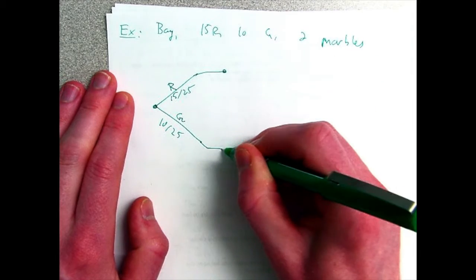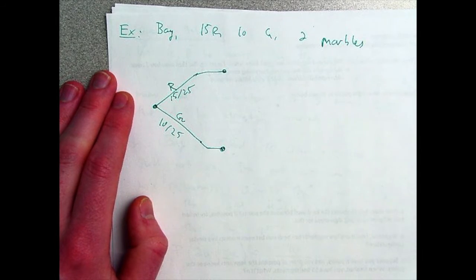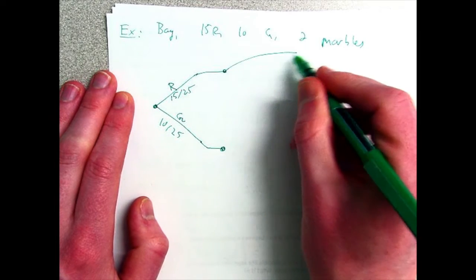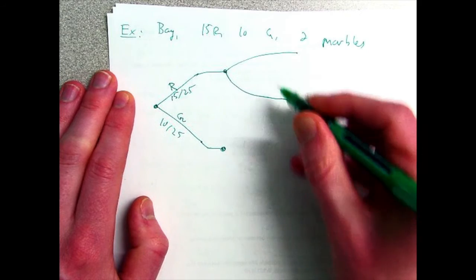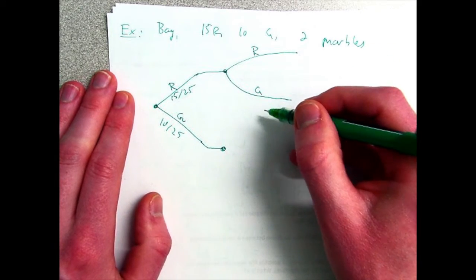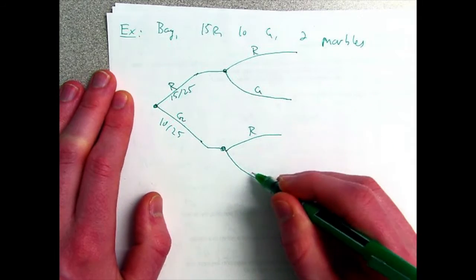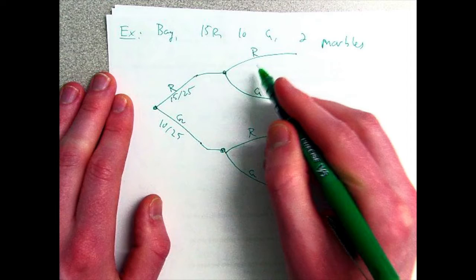And then of course, we're withdrawing a second marble, so these branches split again, right? So this one splits here, again corresponding to the possibility of getting red or green. This is for the second marble now. And this one also splits again, right? You could get red or green on here. Now, I'm going to write a number here.